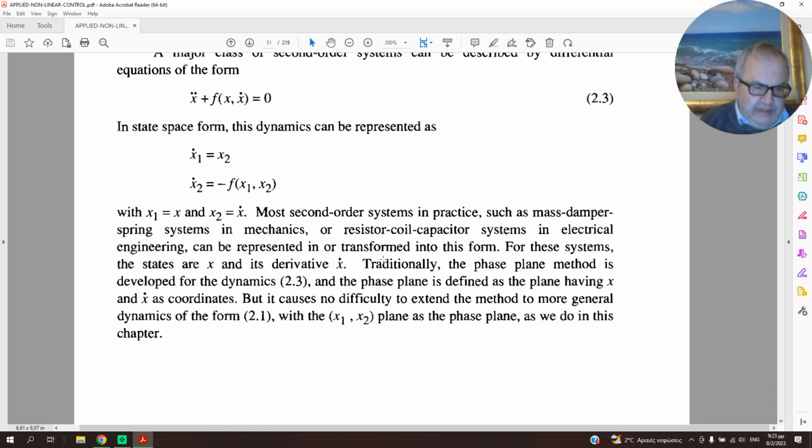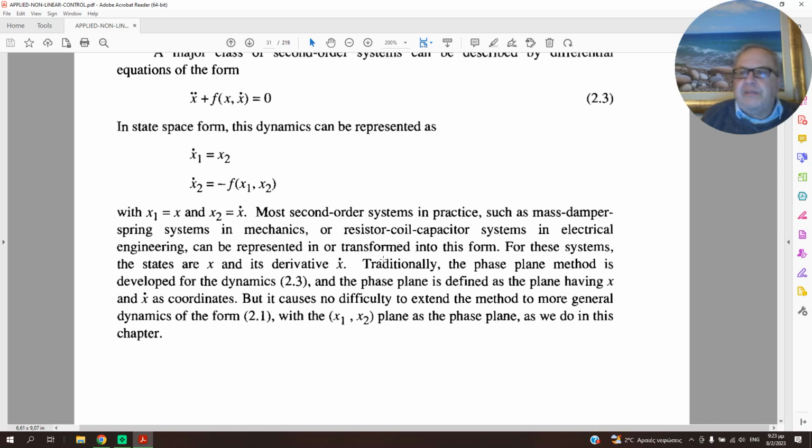With more variables. So here we will start our analysis only for second order systems. Second order systems means that you have two state space variables.